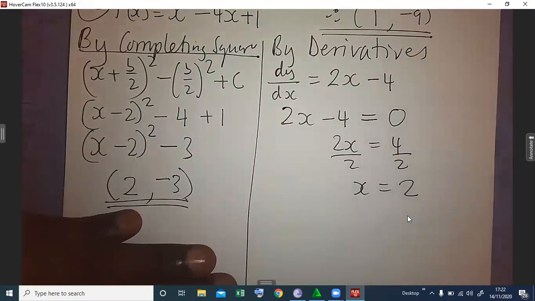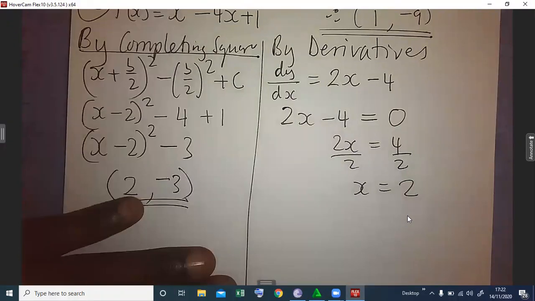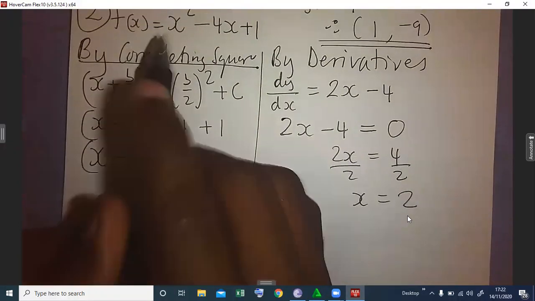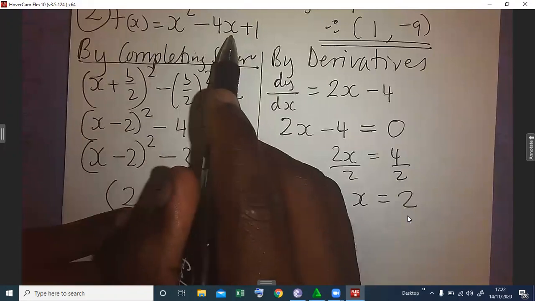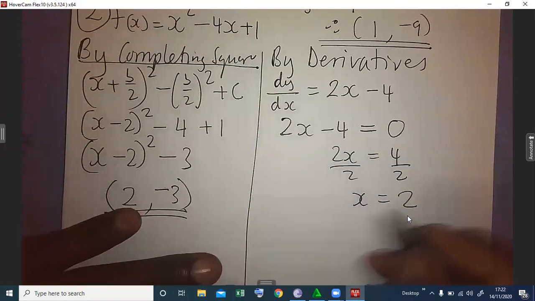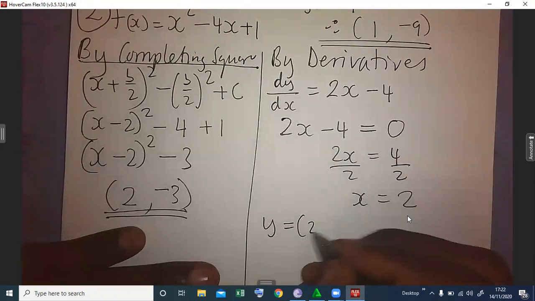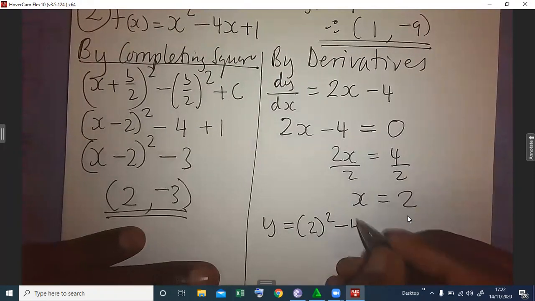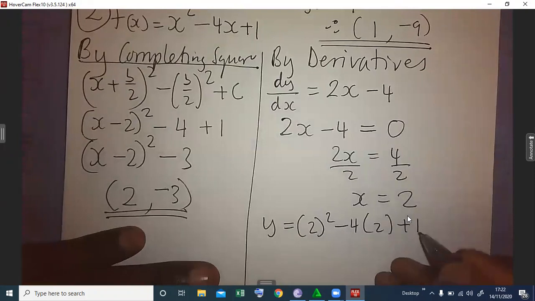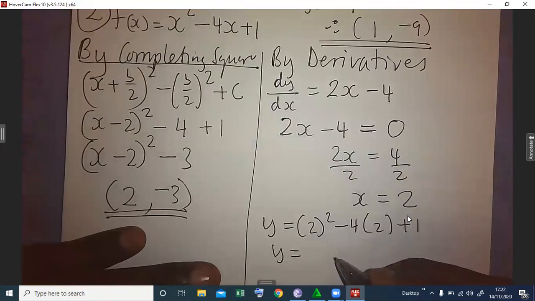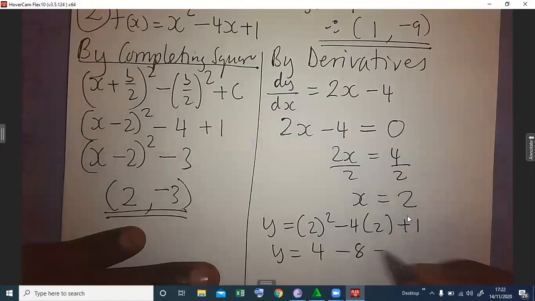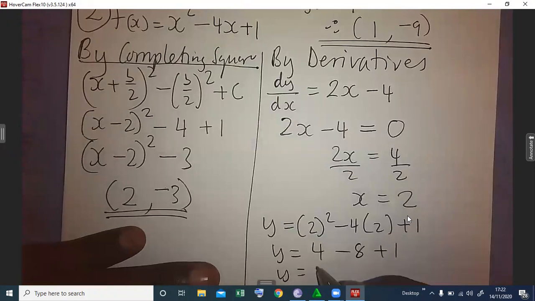So after getting x, you substitute the x in the original function, x squared minus 4x plus 1. So substitute 2 to find y. So y will be equal to (2) squared minus 4(2) plus 1. And finally, y will be minus 3.